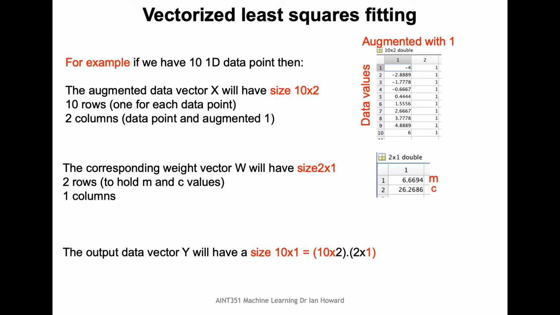In this particular case, if we've got this data set 10 by 2 for the data vector and 2 by 1 for the weight vector, then the overall size of the output is going to be 10 by 1. We can immediately look at the dimensionalities of the data and of the weight matrix. 10 by 2 multiplied by 2 by 1 means we're going to end up with 10 by 1 values of y in this case, right?